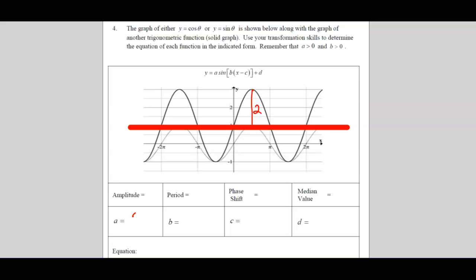Okay, so my amplitude is 2. Not going to fill that in yet. It could be that it's 2, but from that midline it's going down and to the right, in that case, it would be negative. This is positive, and we also said A is going to be positive for these particular questions. So that's going to be the same.